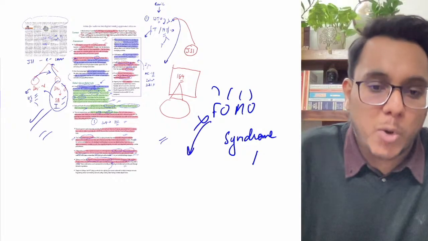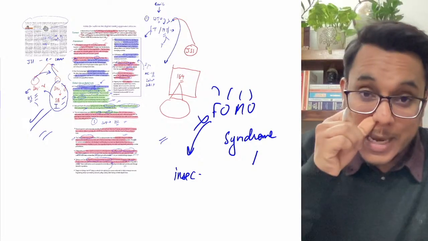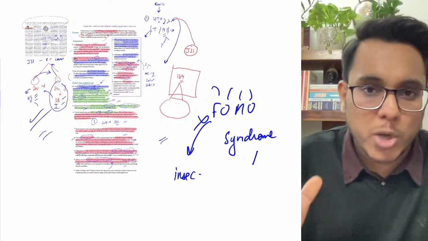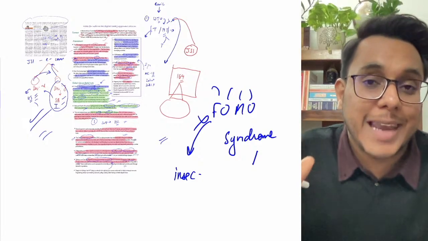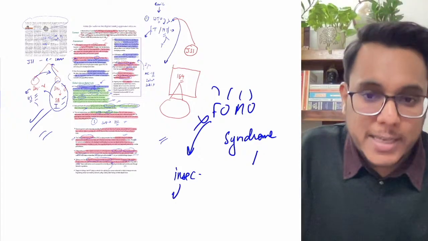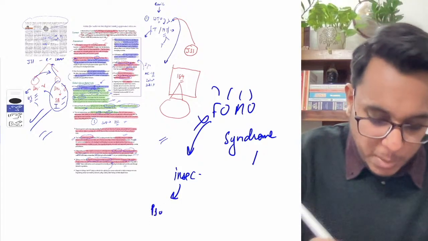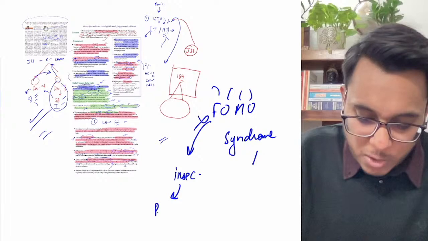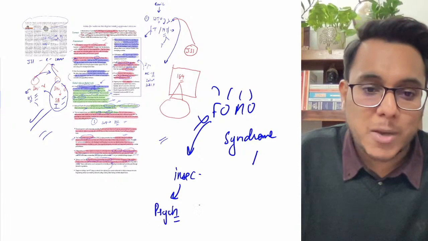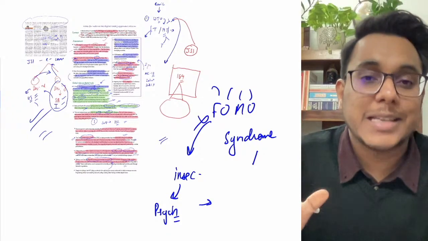This FOMO creates insecurities. Even if you are doing a lot with respect to your preparation, you will always have a lack of confidence that you do not know much. This insecurity will lead to a psychological barrier in your mind, and this psychological barrier might impact your performance when the real exam comes.